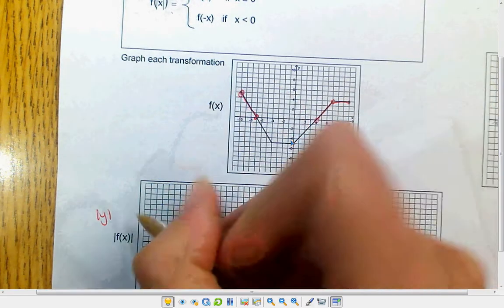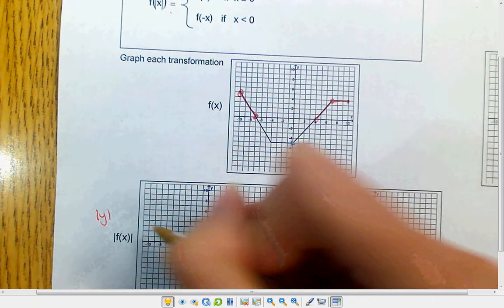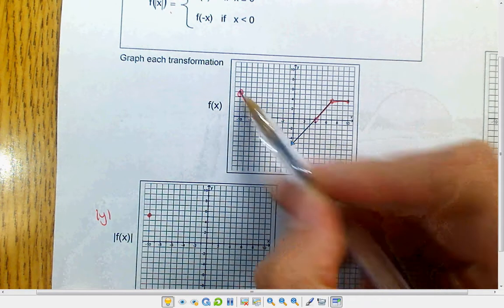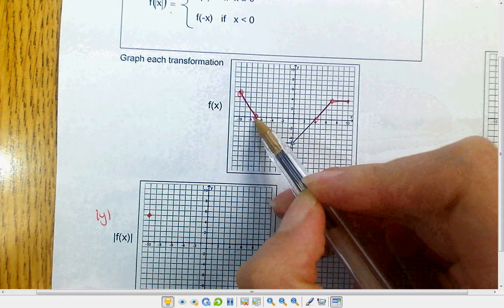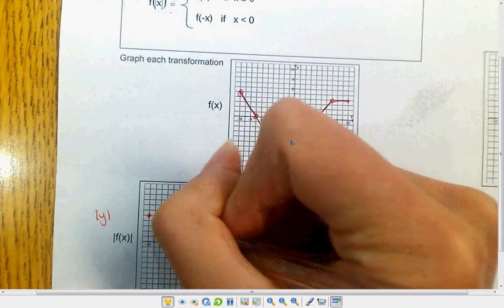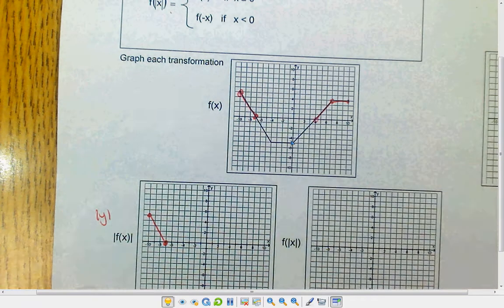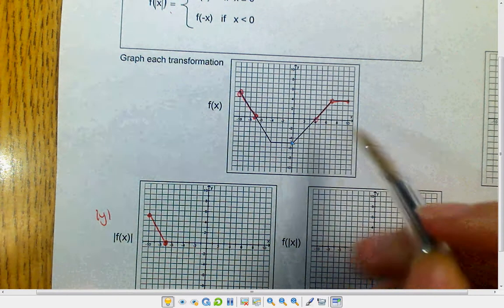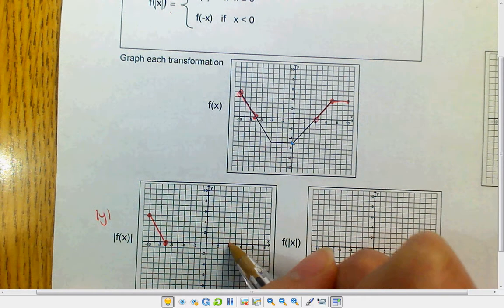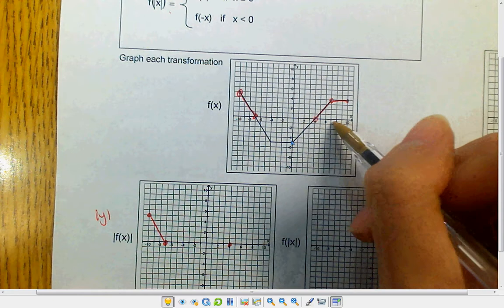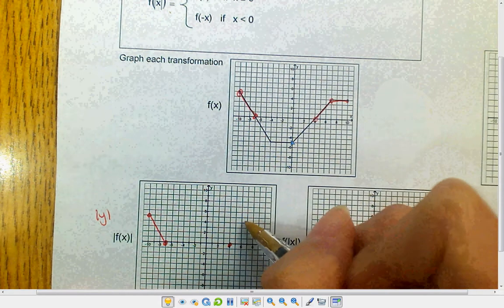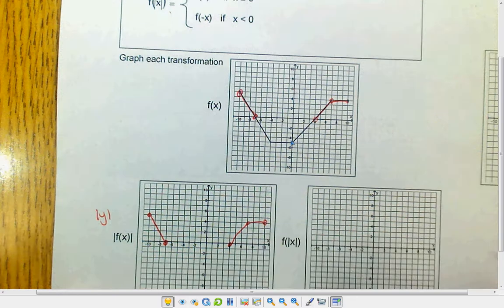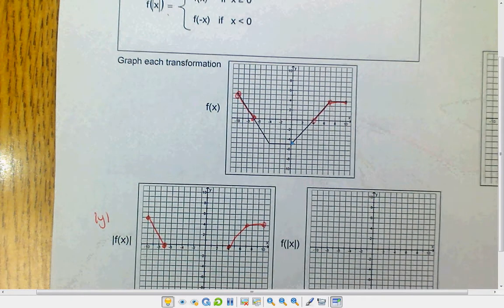I've got negative 10, 5, and then it goes all the way until negative 7, 0. So this part does not change. Same thing over here, all these positive y values don't change. It starts at 4, 0, goes up to 7, 4, and then 10, 4. So this entire part does not change.